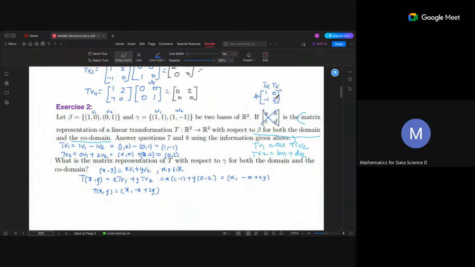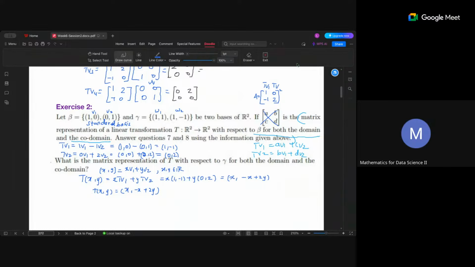Everyone listen very carefully. I am going to give you a small hint here. If the basis considered for the domain as well as the codomain is the standard basis, and in this case you note that this is the standard basis, you have a shortcut.